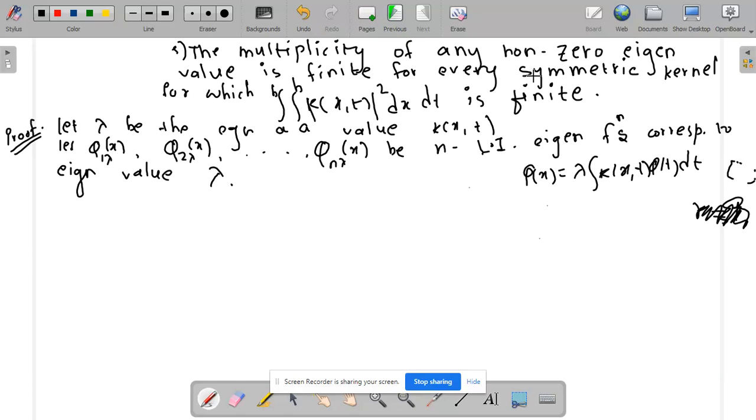So if it is a symmetric kernel, then whatever eigenfunctions we are getting, this is what we are going to show is finite. By multiplicity they mean this, that these functions we get will be only finitely many.